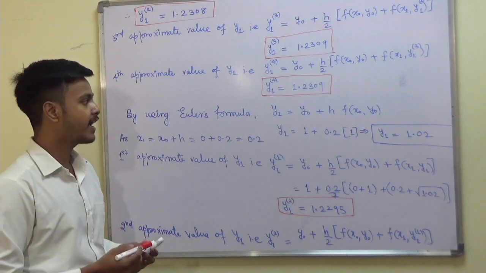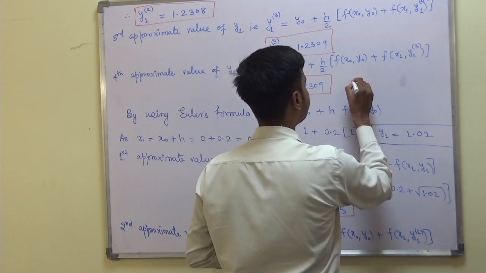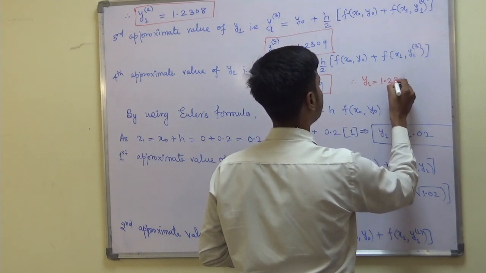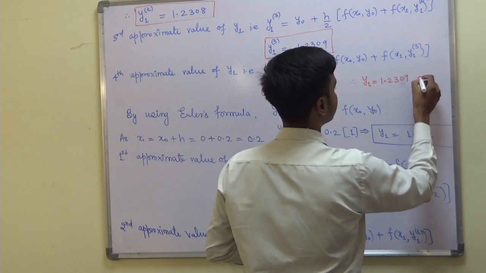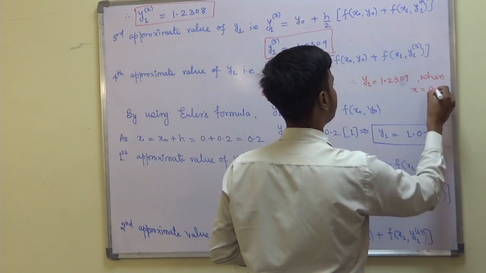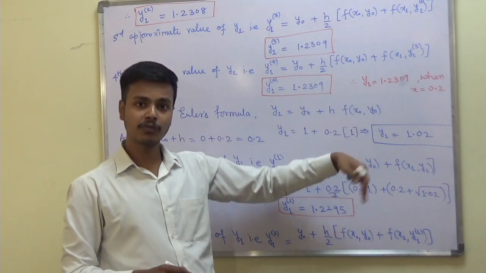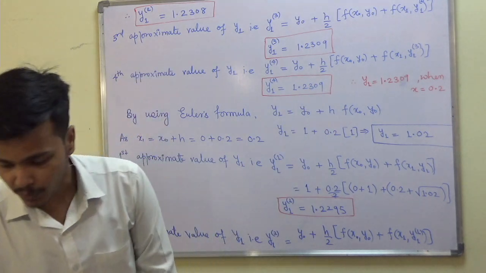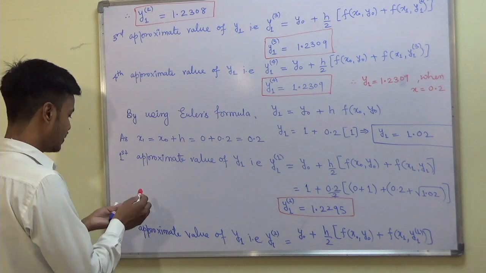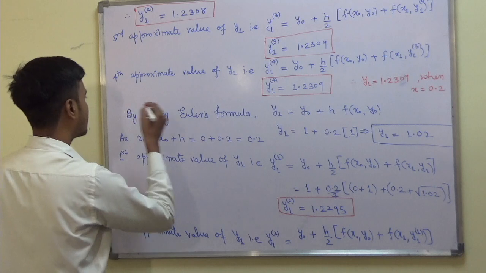You can write as the final answer, therefore y1 is equal to 1.2309 when x is equal to 0.2. Okay, but we don't want just for 0.2, we want up to 0.6. So after 0.2, let us solve for the next step. Okay, so I am just going to change only a few things. So here completes your step number 1.